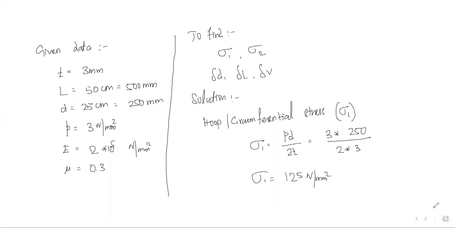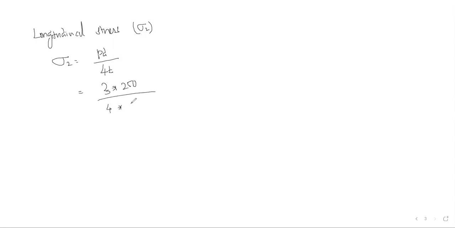Next, we move on to the longitudinal stress, that is sigma 2. Sigma 2 is equal to PD divided by 4 times T. P value is 3, D equal to 250, and 4 into thickness 3. So this becomes 62.5 Newton per mm square.